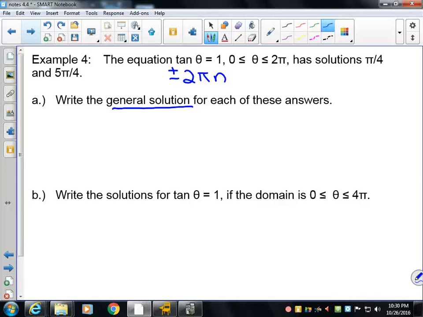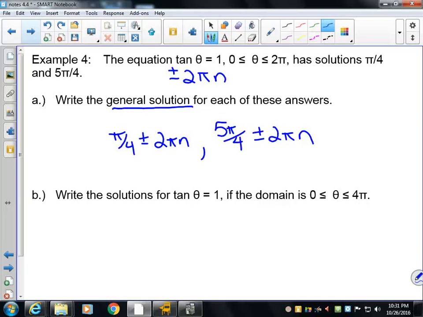Basically, it just continues to go up and up. So the general solutions are pi quarters plus or minus 2 pi n's and 5 pi quarters plus or minus 2 pi n's. Okay? So you just keep on adding or subtracting 2 pi's to get more solutions as you get further and further away. So that would be expanding your domain.